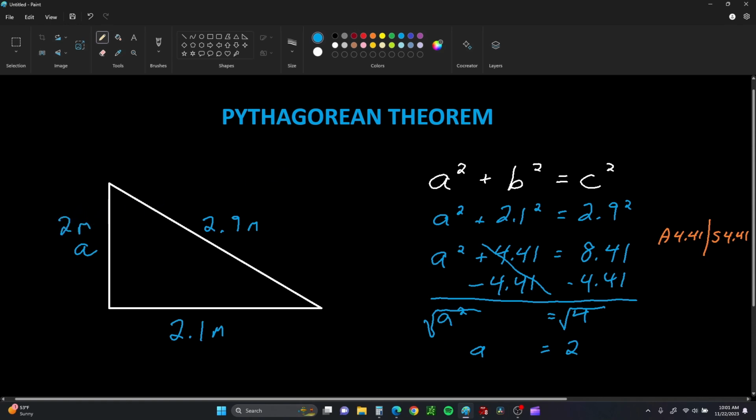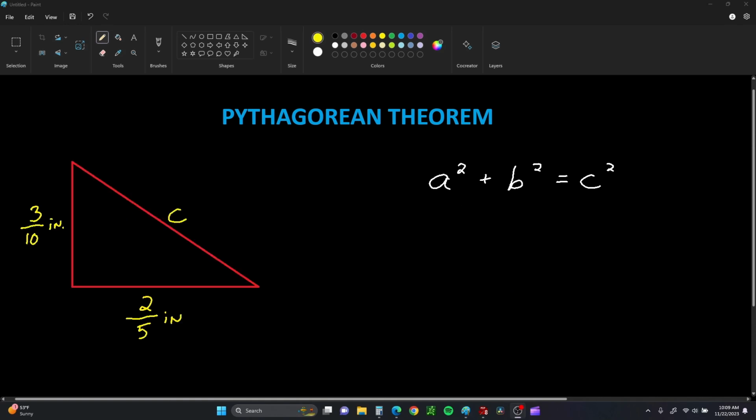That's our final answer. So here we have a triangle where the sides are fractional, and we're missing C. So we'll just plug in the numbers. We'll call this one A, we'll call this one B, and C is our unknown. So A squared would be 3/10 squared. And then B squared, which is 2/5, would be squared.